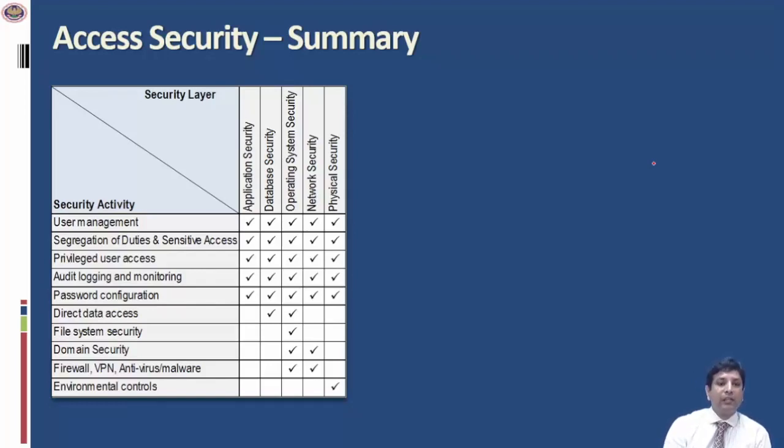For example, you can see that user management is relevant to all the layers of security. Why so? Because users exist at the application layer, users exist at the database layer, the operating system, and also network and physical layer. So we need to consider user management at all layers of security.